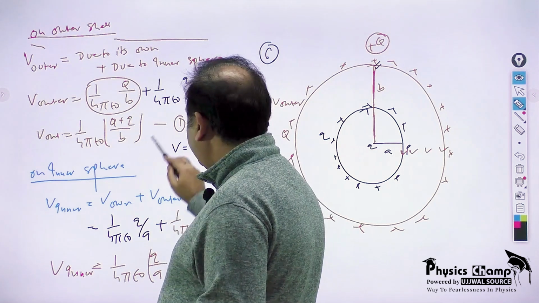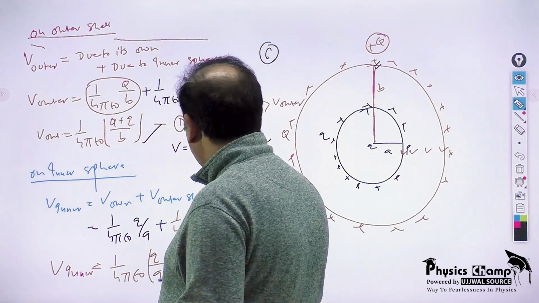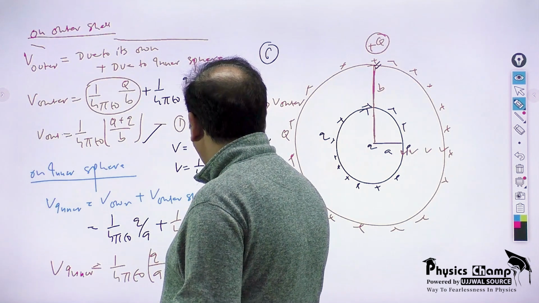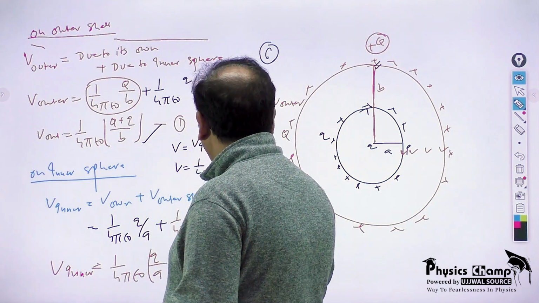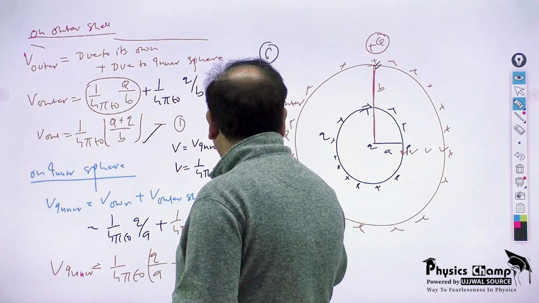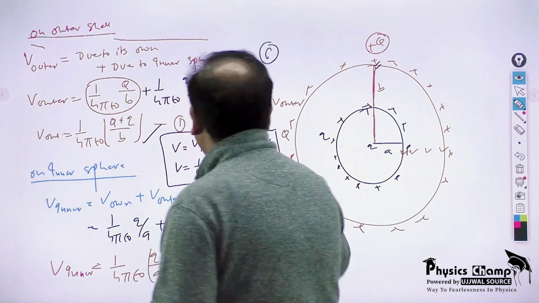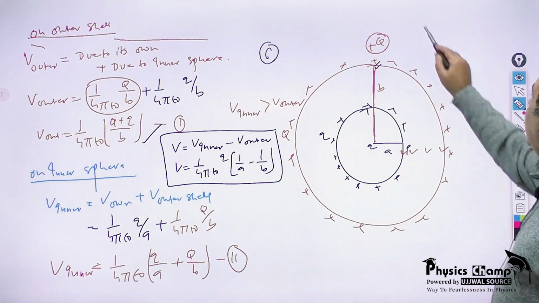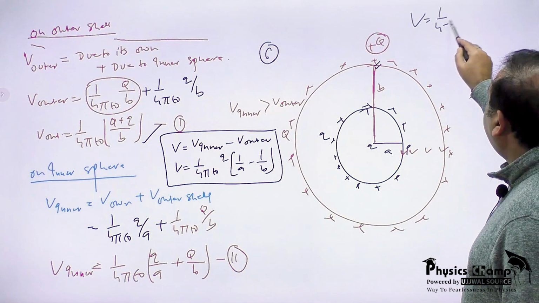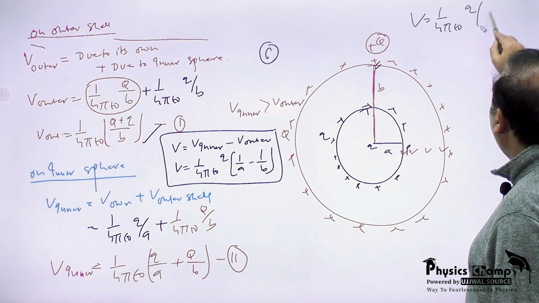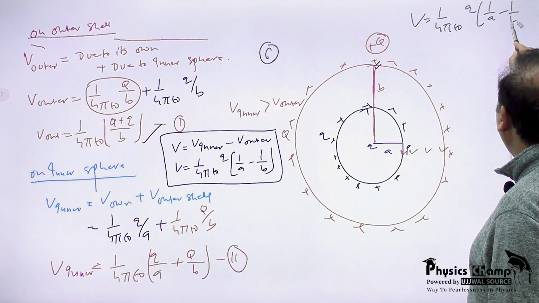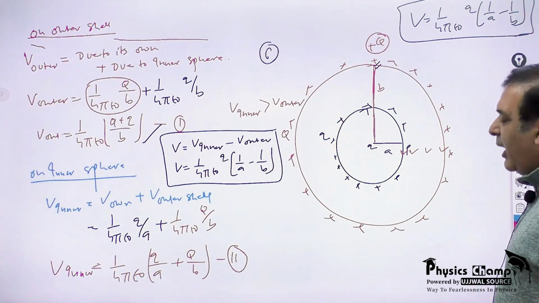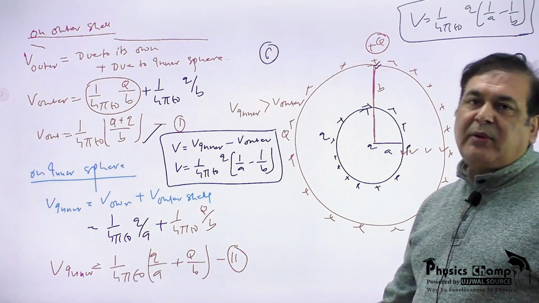If I do first minus second, we are getting the potential difference as 1 by 4 pi epsilon naught small q times 1 by a minus 1 by b. The inner shell is at a higher potential as compared to the outer shell.